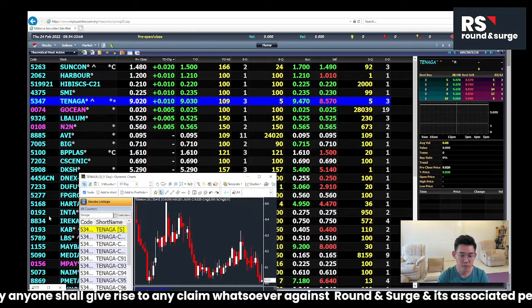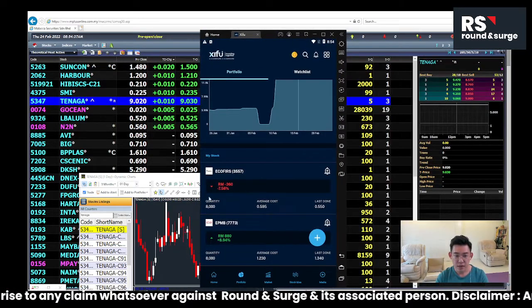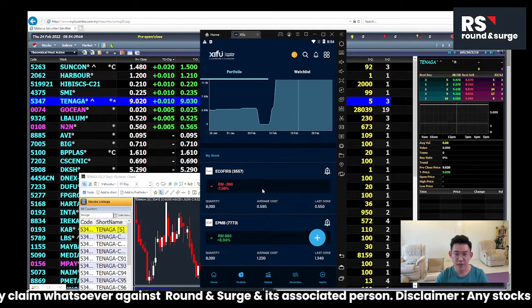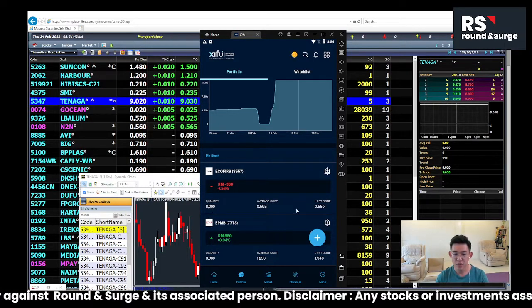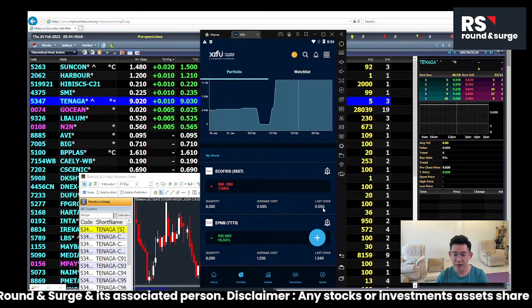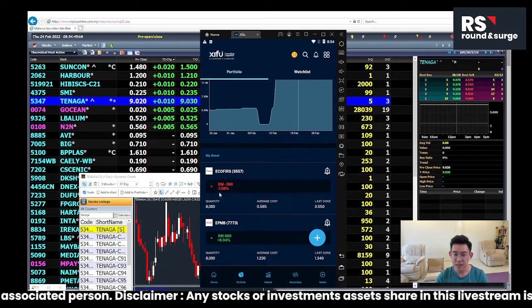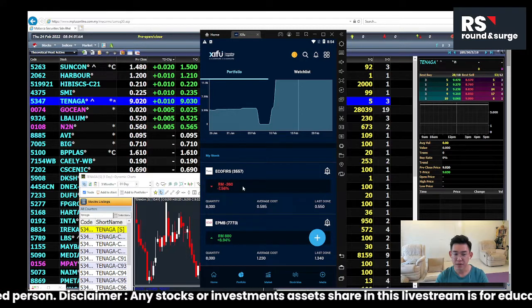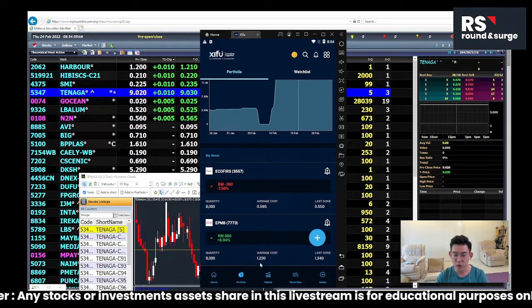Okay. For example, here in my paper trade portfolio, Eco First, I entered 80 lots. The price is down 4.5 cent. You multiply 4.5 cent by 80, and that is my loss. And this one is 80 lots at 1 ringgit 23 cents.